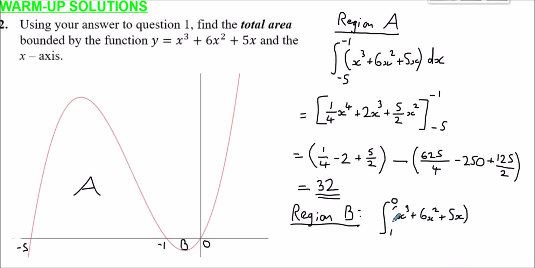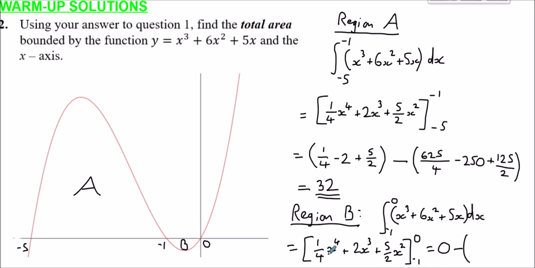Now we've already got this expression here, so rather than working it out freshly, we can just use this from before. So we had 1/4 x to the power 4 plus 2x cubed plus 5/2 x squared between -1 and 0. Now, of course, when we input 0 into this, it's all going to be 0. So it's going to be 0 minus, whoops, the input when x is -1.